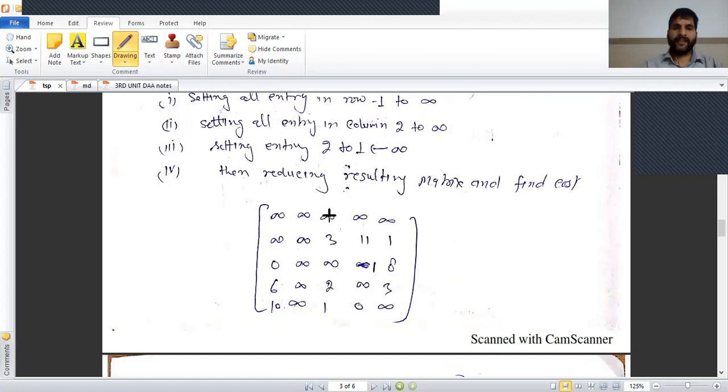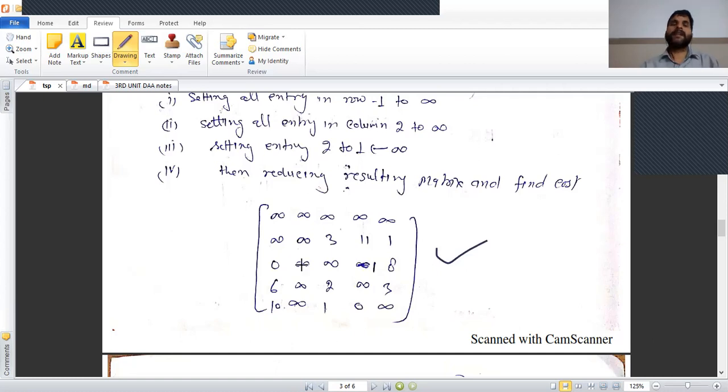We first place the infinity values in the row, and then in the column.